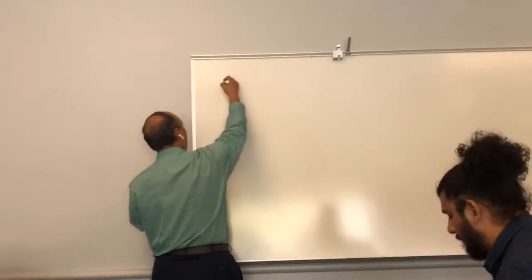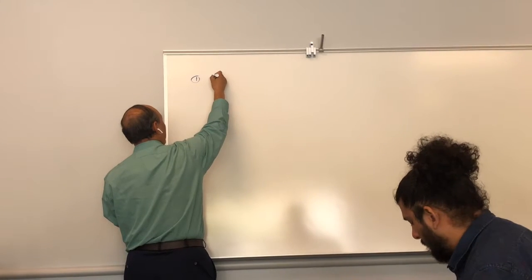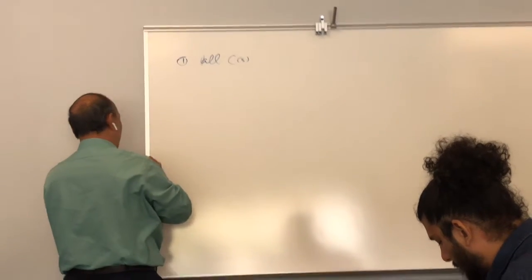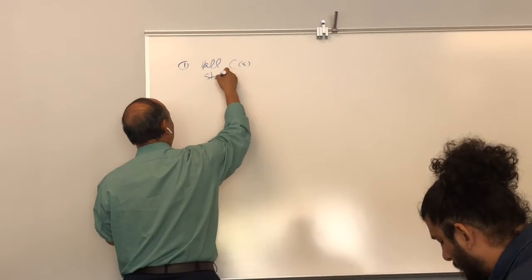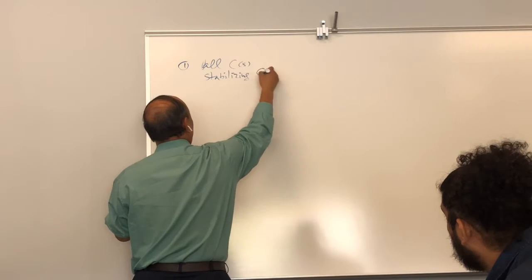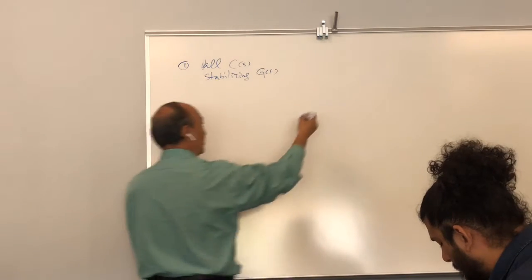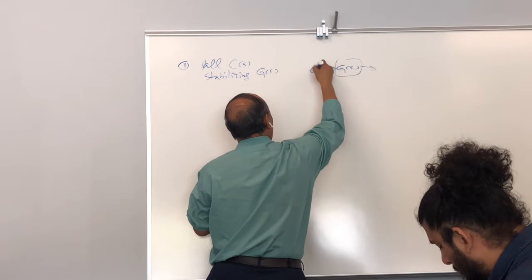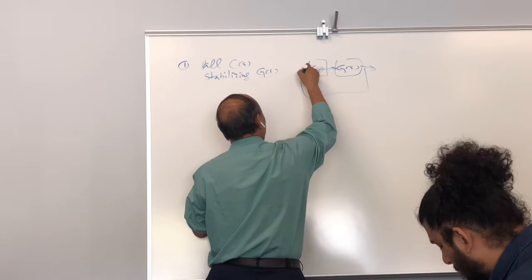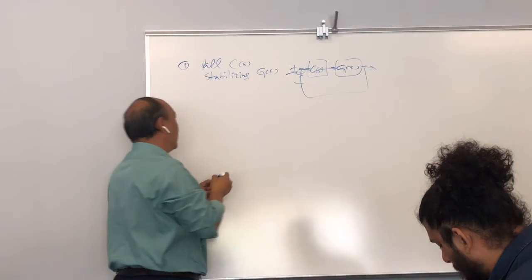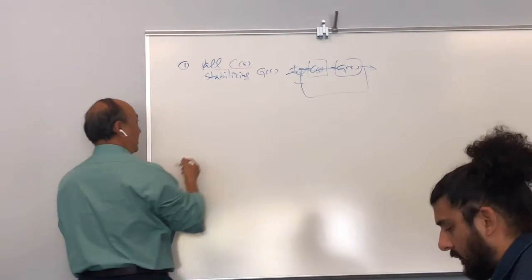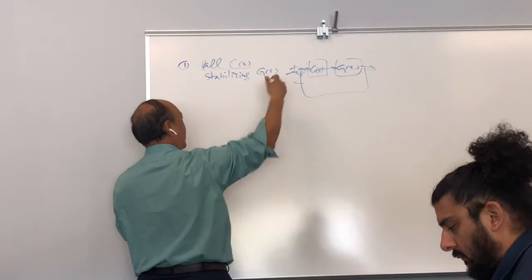For controller design, I have 2 steps. The first step is to find all controllers C of S stabilizing G of S. Okay? So you have a G of S, you design a controller C of S, and all these controllers make the closed loop stable, right?